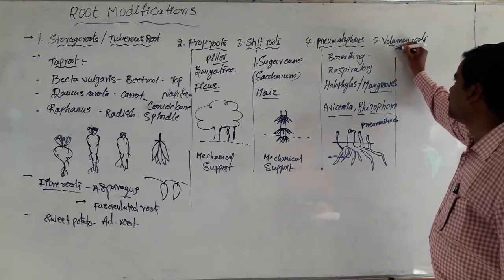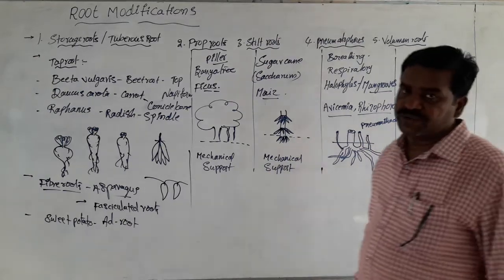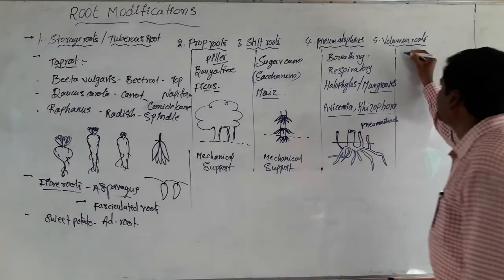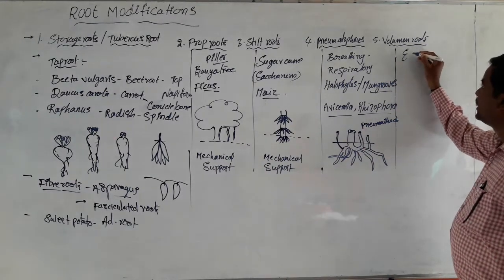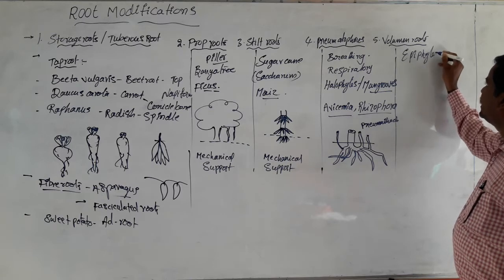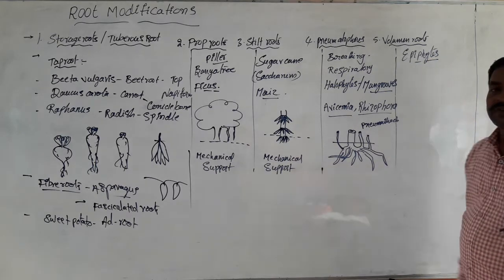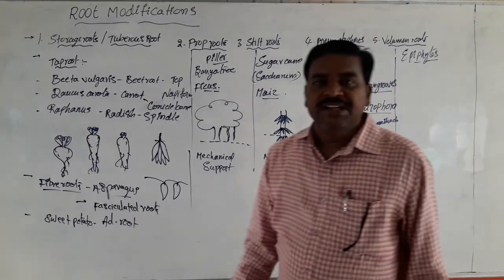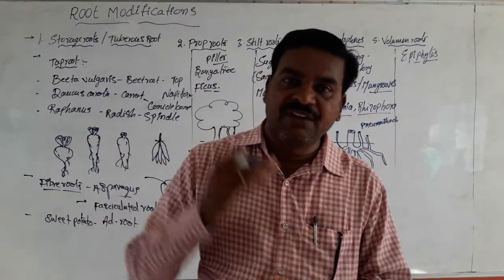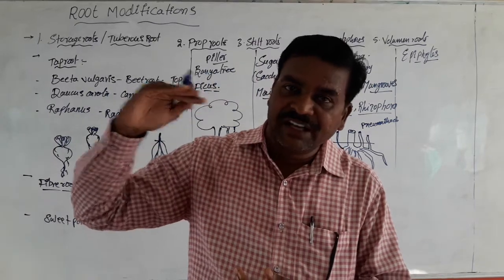Now coming to the next one, velamen roots. Generally, these velamen roots are found in epiphytes. What are epiphytes? The plants which take shelter on the branches of large trees in evergreen forests.